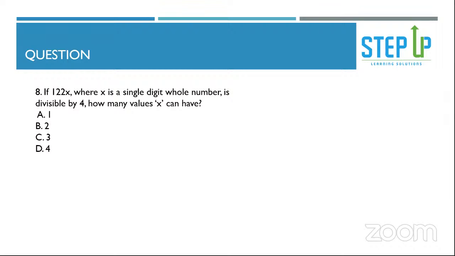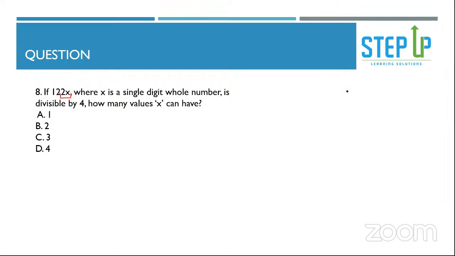If 122x, where x is a single digit whole number, is divisible by 4, how many values can x have? Again, the divisibility rule of 4, which we discussed in the beginning of today's session and revised, says the last 2 digits should be divisible by 4.